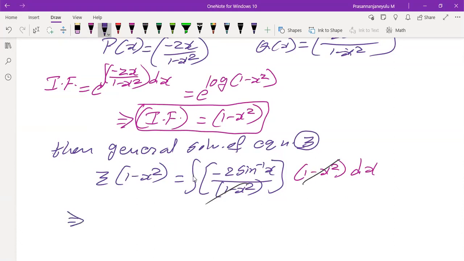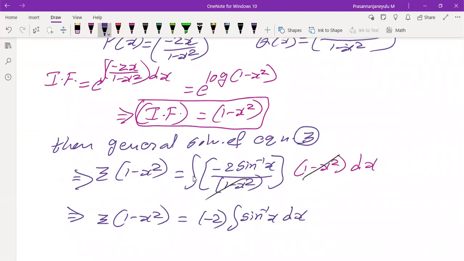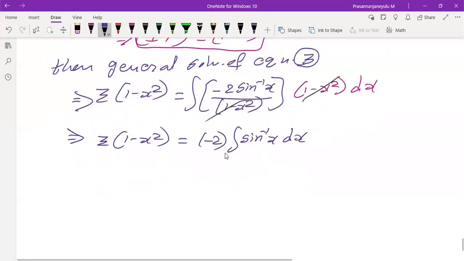That implies z into 1 minus x square equals minus 2 into the integration of sine inverse x into dx. What is the differentiation of sine inverse x? 1 by root of 1 minus x square. What is the integration of sine inverse x? That is important, you will feel difficult here. Is the integration of sine inverse x 1 by root of 1 minus x square? No, it is wrong.